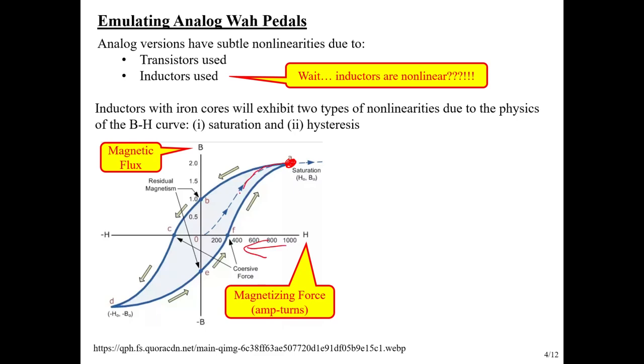We don't come back down the same path. Nope. That's where the hysteresis comes from. We go back down some path like this, and here's an interesting thing. We get to zero on the current, and we still have some residual magnetism.